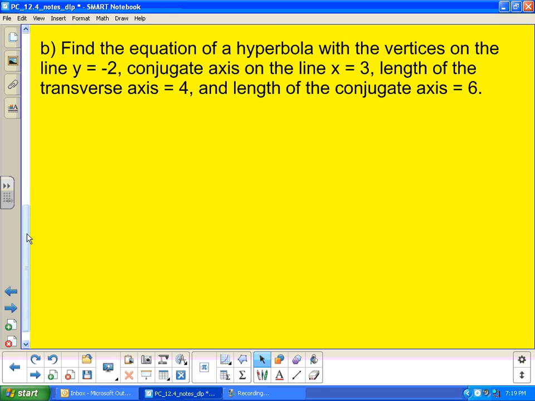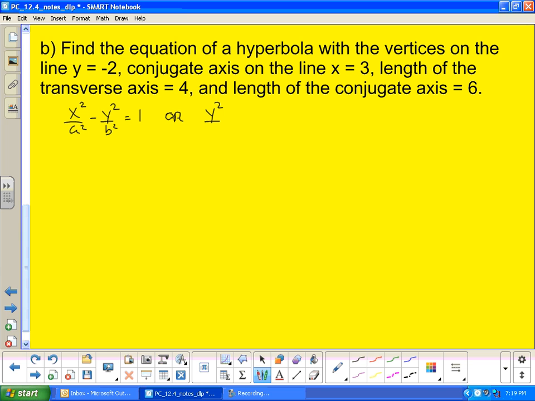All right, and then our last one, find the equation of a hyperbola. All right, so maybe we start out knowing it's one of these forms. That'll look like one of those guys. Vertices. Remember, the vertices lie on the transverse axis.